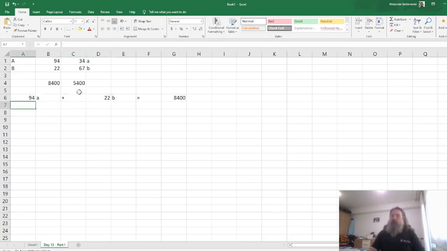Let's do the same thing for the Y. So this many A's plus this many B's should equal this many. So I'll just copy over these so I don't need to do all the single quotes.